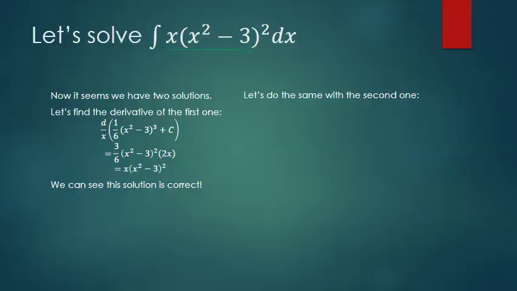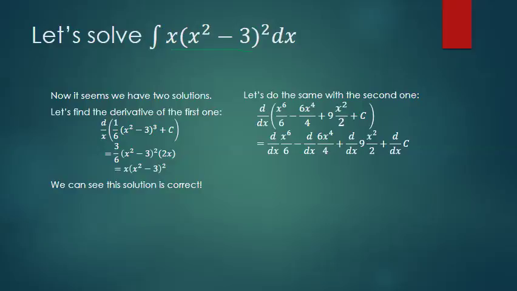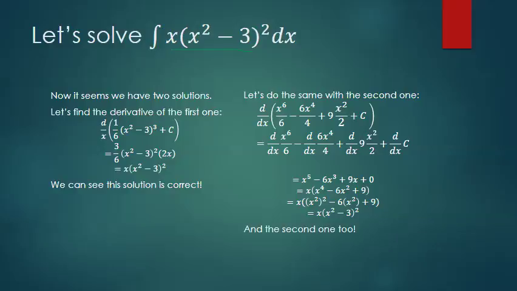Now let's work with the second one. We can take the derivative of the second one, and as you can see here, the solution will be x^5 - 6x^3 + 9x + 0, which can be simplified as x times (x^4 - 6x^2 + 9), and can be rewritten as x times (x^2 - 3)^2.